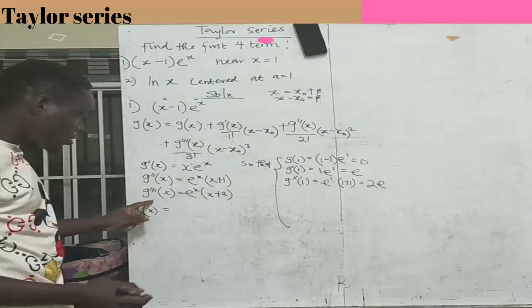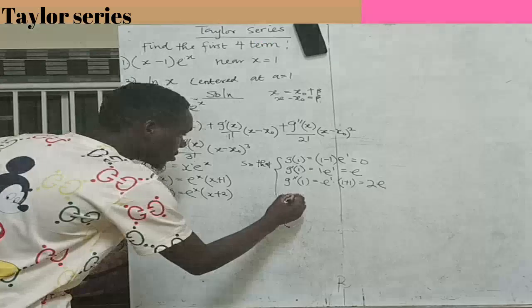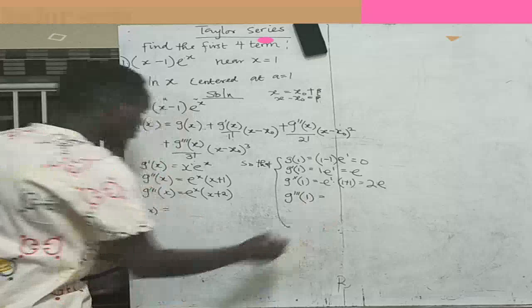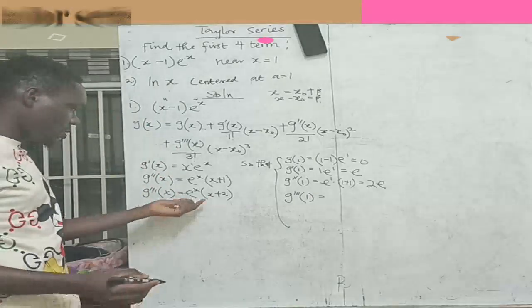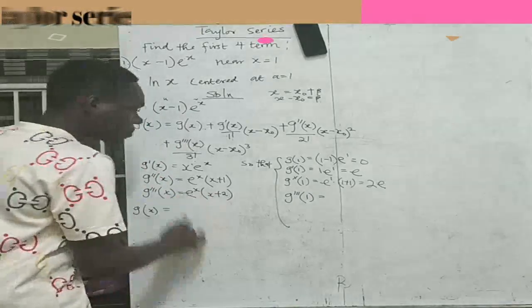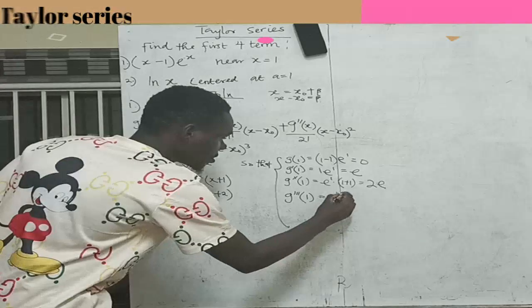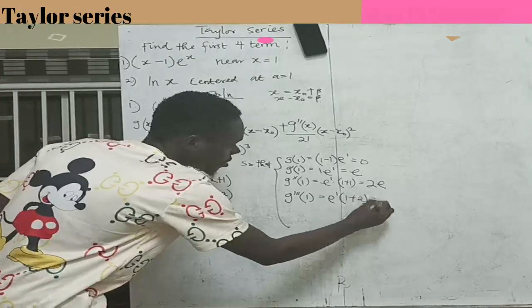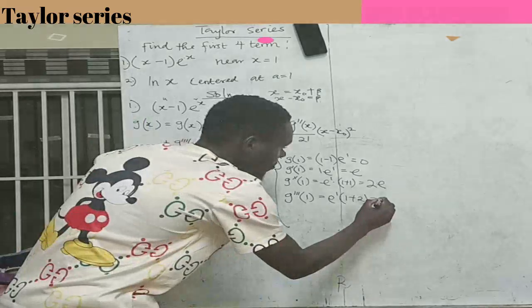Then for the third one here, we have again substituting the value of 1 into this, we have 3. So here we have 3e.